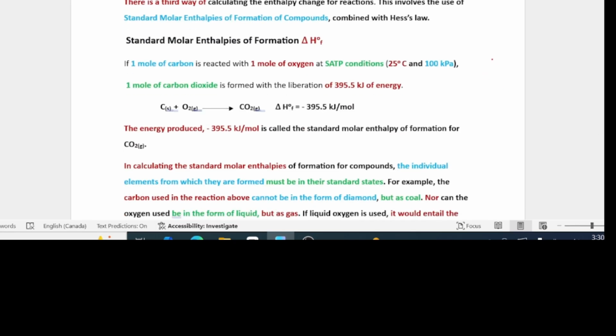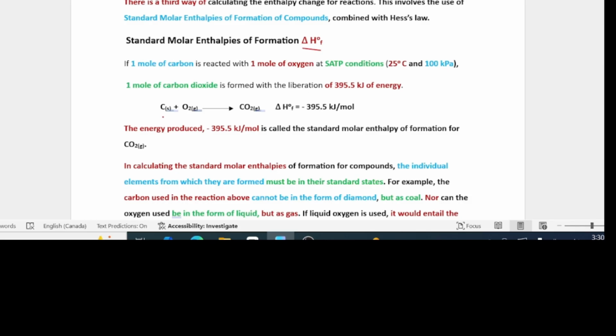There is a third way of calculating enthalpy changes for reactions, and this involves the use of what is called standard molar enthalpies of formation of compounds. Standard molar enthalpies of formation has this notation here. The following reaction is used to show how the standard molar enthalpy of formation of carbon dioxide can be obtained.